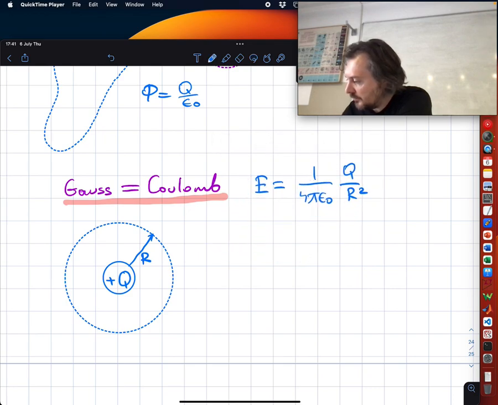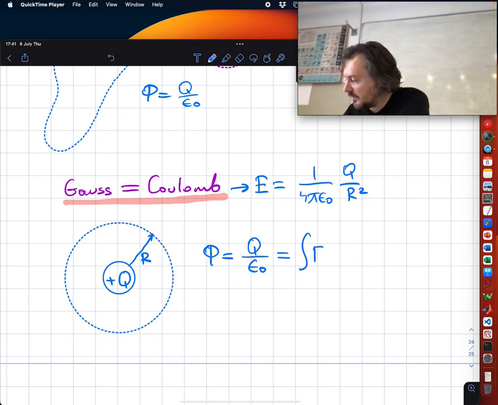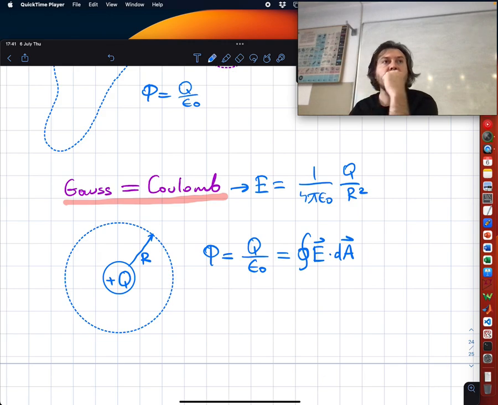This is the Coulomb. But what do we know from Gauss's law? We know that flux is equal to Q over epsilon 0. And what is flux? Flux is integral E dot dA. I forgot to talk about this circle. Please don't be scared by that circle.